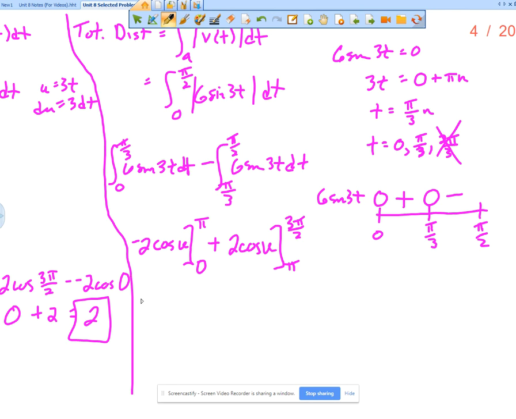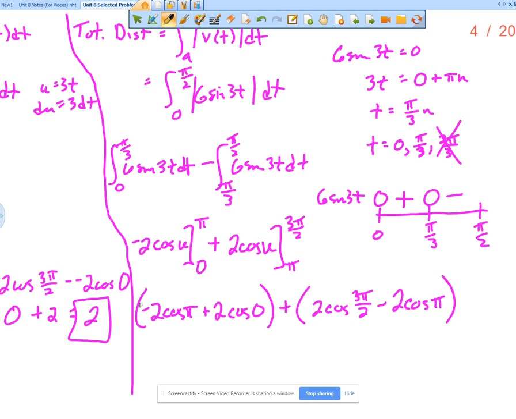All right, so now let's do the first one. Negative 2 cosine of pi minus negative 2 cosine of 0, and then plus 2 cosine of 3 pi over 2 minus 2 cosine of pi. Cosine of pi is negative 1, so negative 2 cosine of pi becomes positive 2, plus 2 times cosine of 0, which is 1, so 2 plus 2.